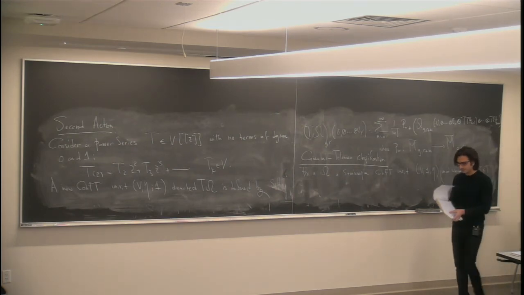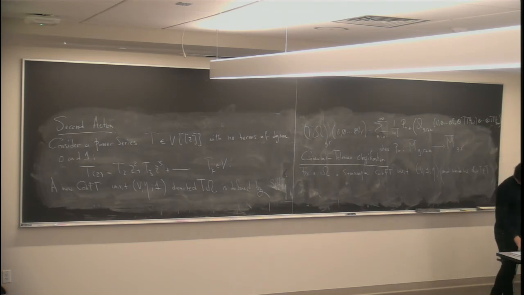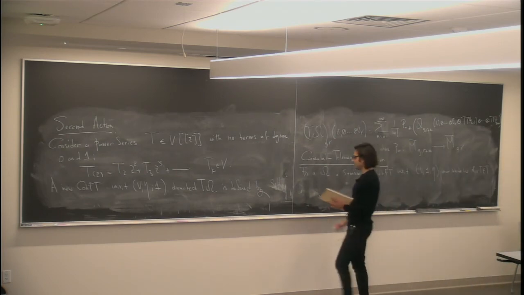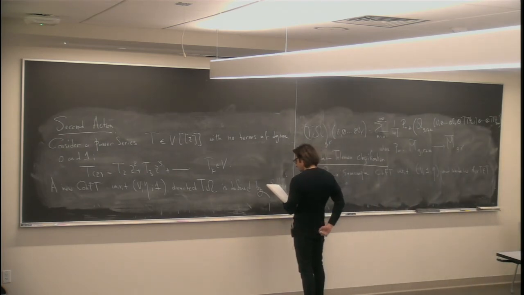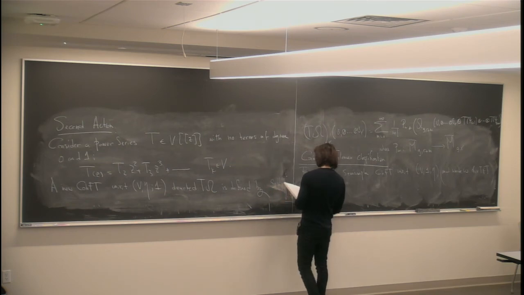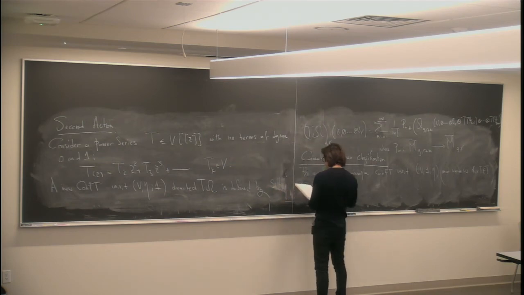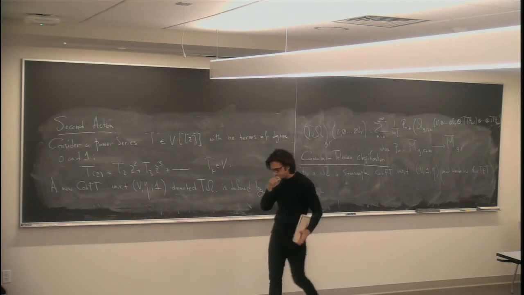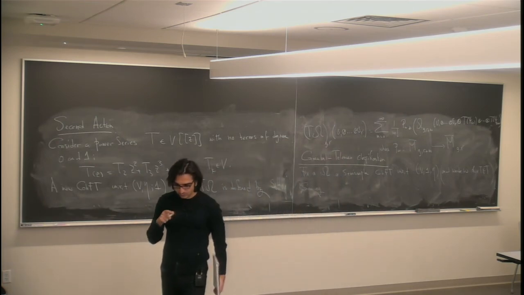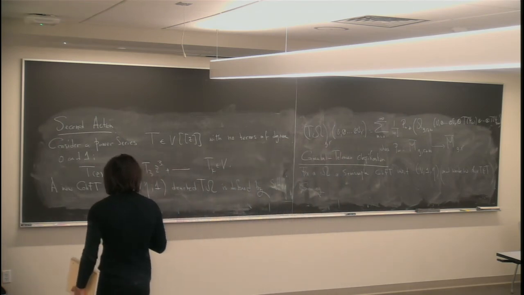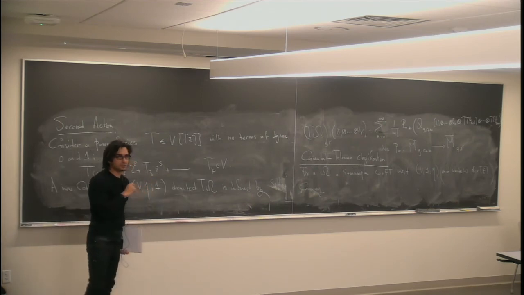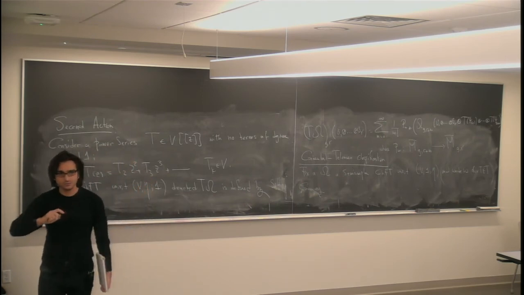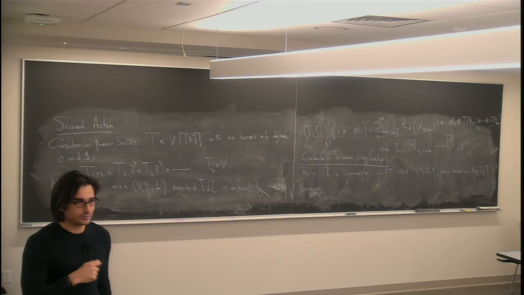The statement is basically that given any R matrix, the reason I'm not writing it as an endomorphism is because this T you construct from this R matrix.